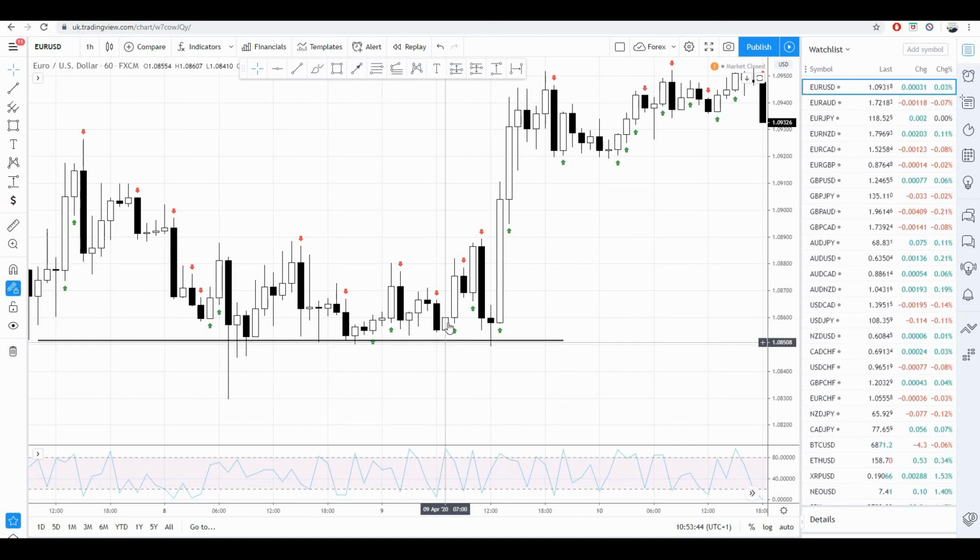The range of this candle, although the body is relatively small compared to the entire range, that's because the sellers have been rejected within that same candle. So in this candle there's still selling pressure, but the sellers have been completely rejected, which is indicated by this 96% close.